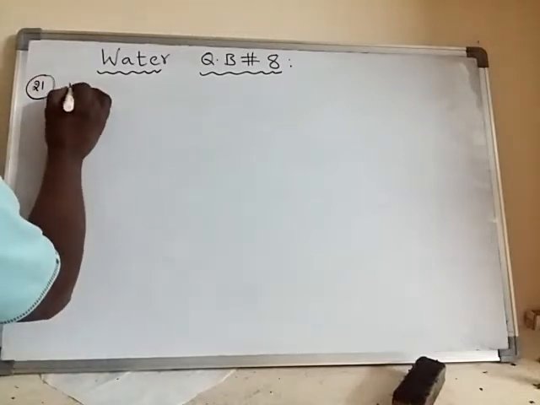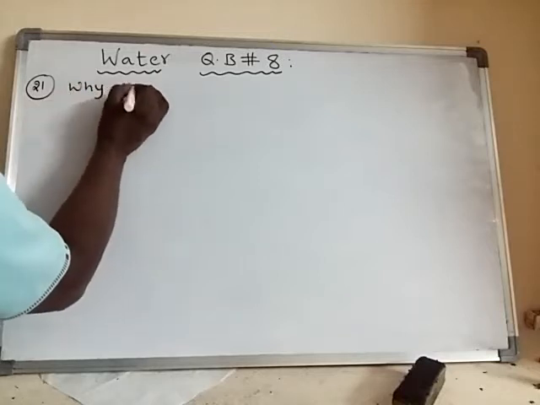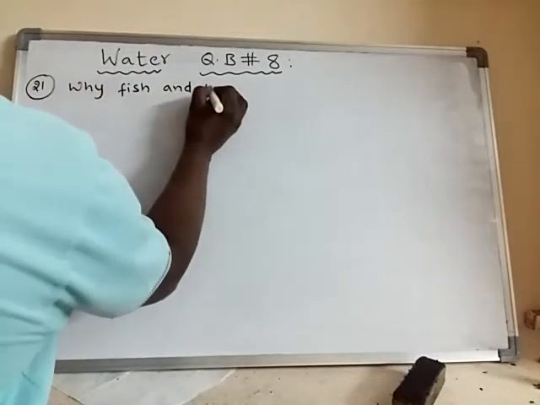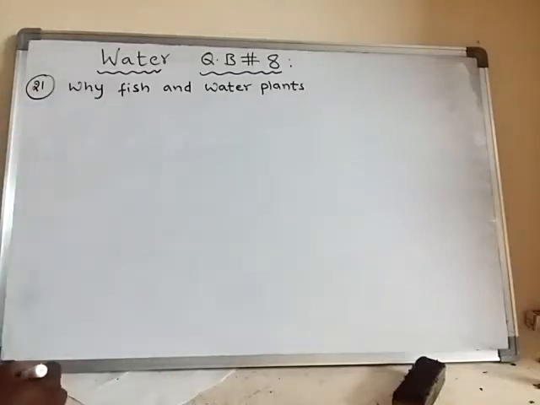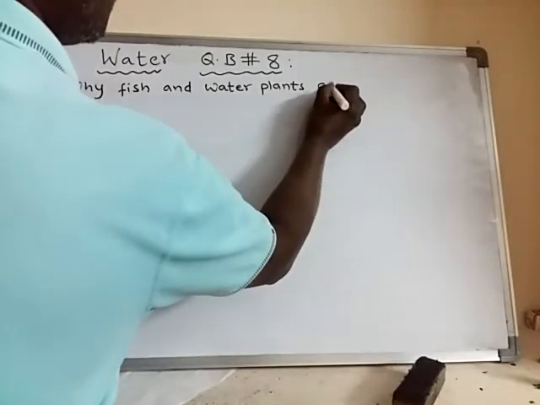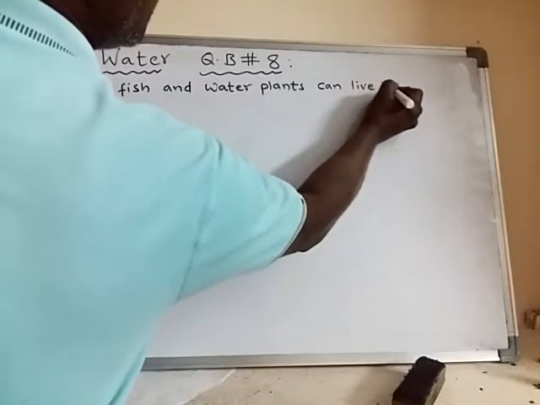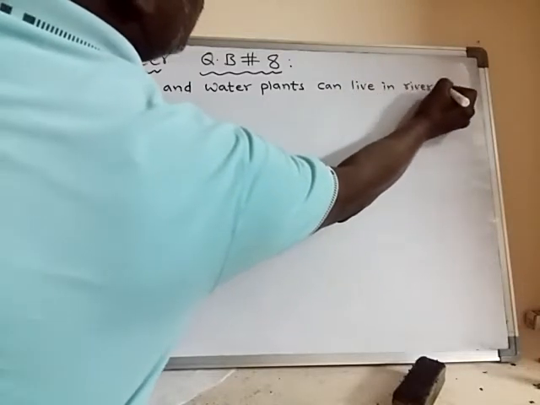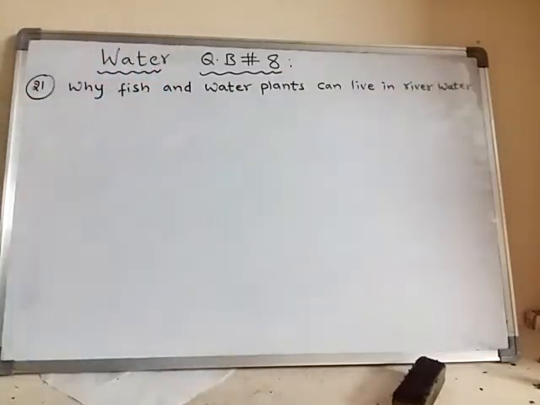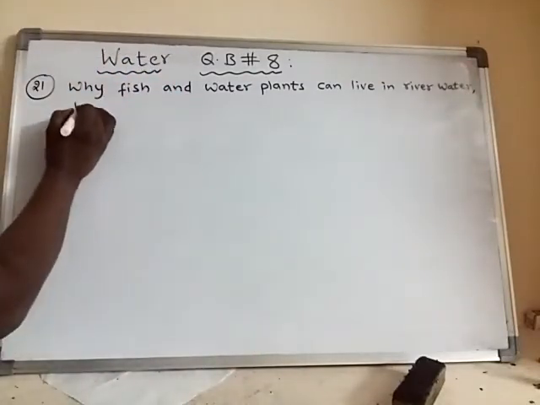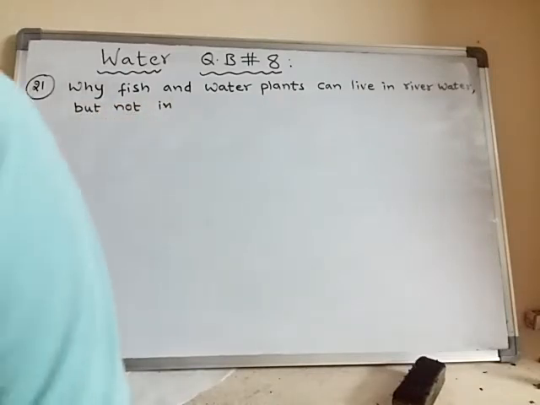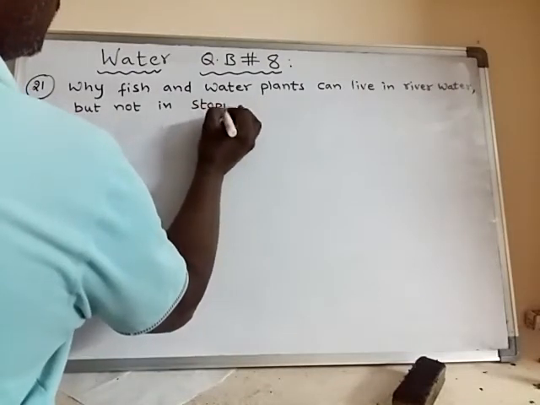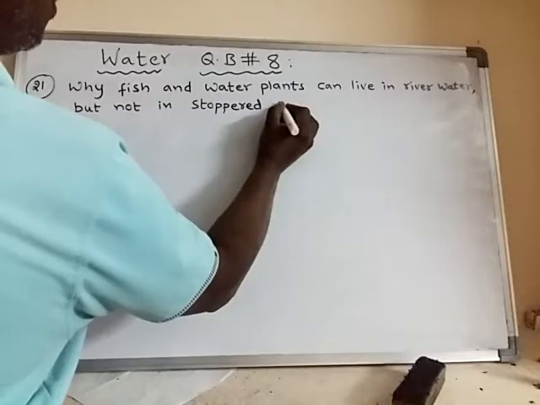First question: why can fish and water plants live in river water but not in a stoppered bottle of distilled water?